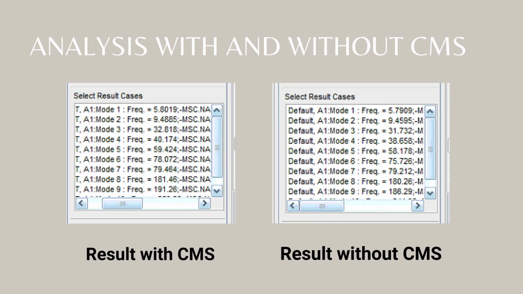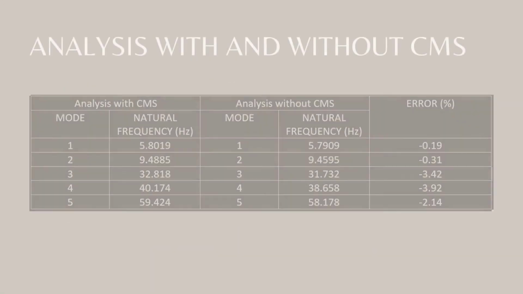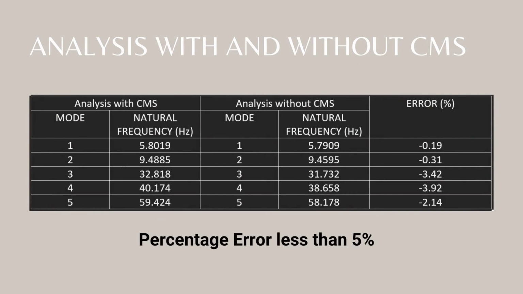Okay, let's compare the results. For mode 1, with component mode synthesis, we get a frequency of 5.8019. But without component mode synthesis, the frequency for mode 1 is 5.7909. I already calculated the percentage error between those results, and it comes out to negative 0.19%, which is only a small difference between them.